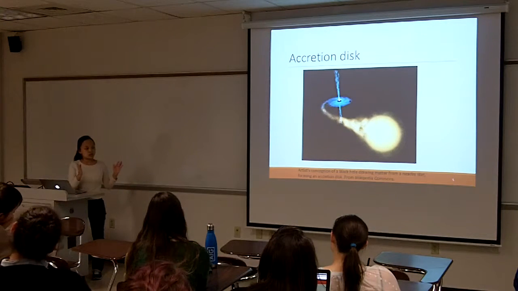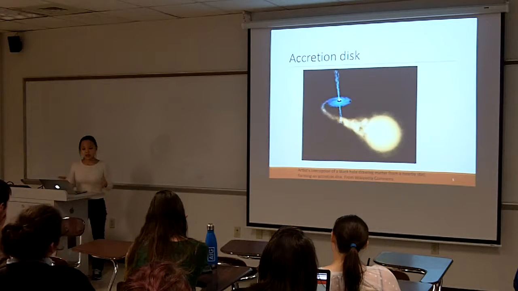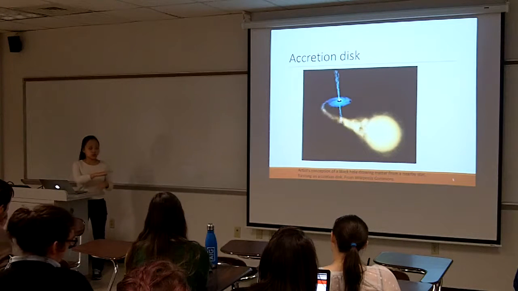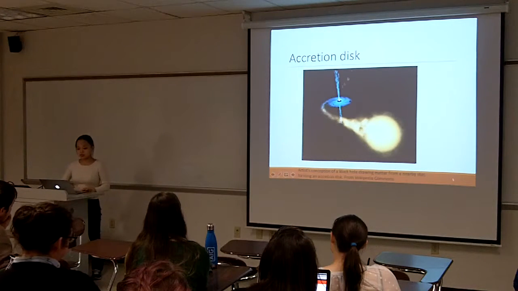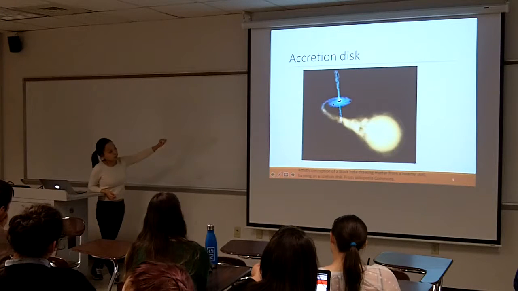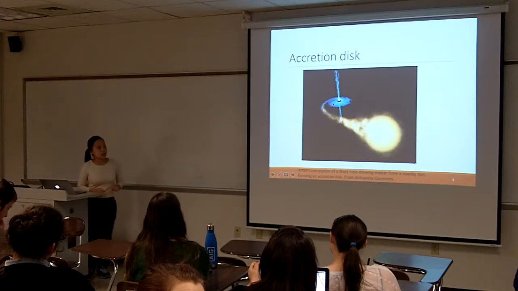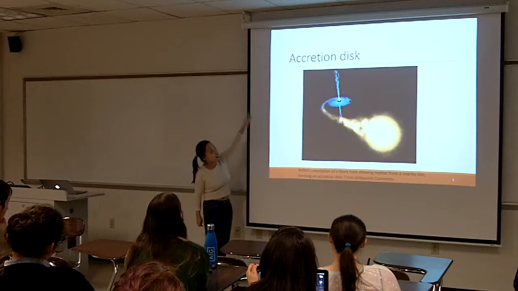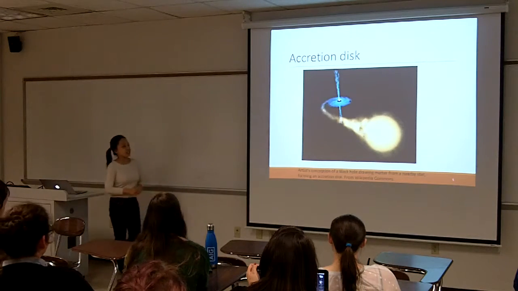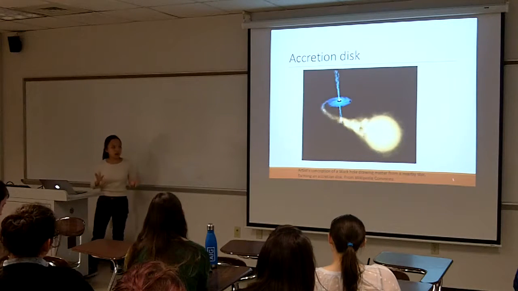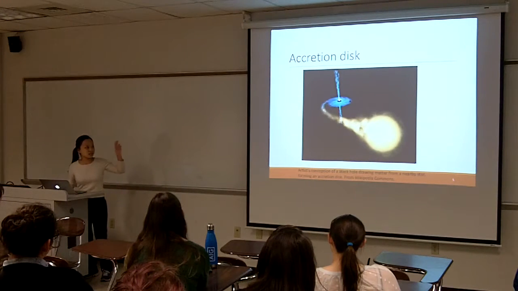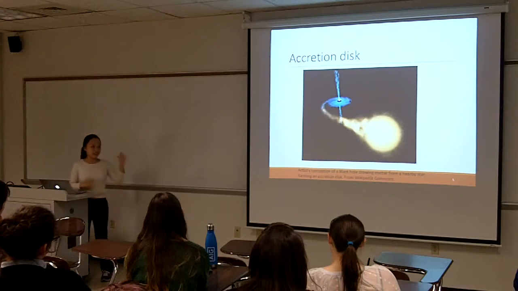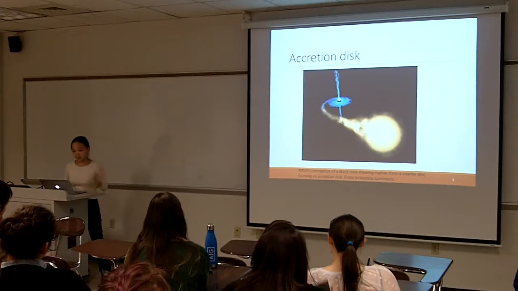In this process, the matter lost by the companion star forms a disk-shaped structure around the black hole, and this is the blue area in this picture. And then here are jets, which appear in very high energetic objects, but I don't think that's a structure the object I'm studying has. My object doesn't have a jet.